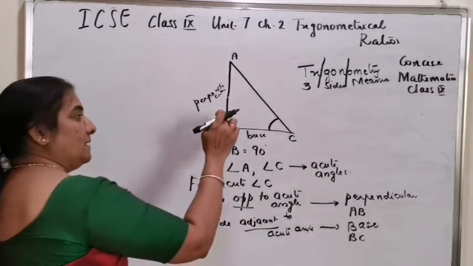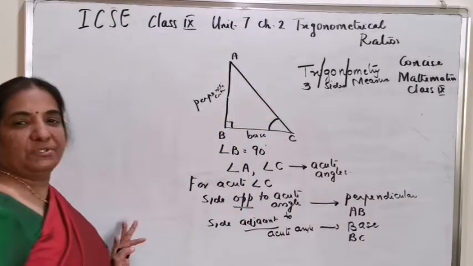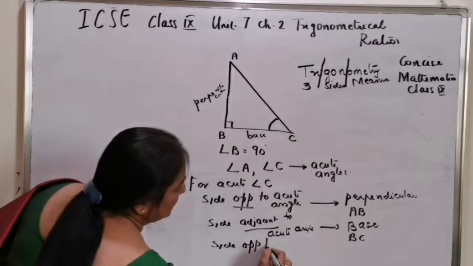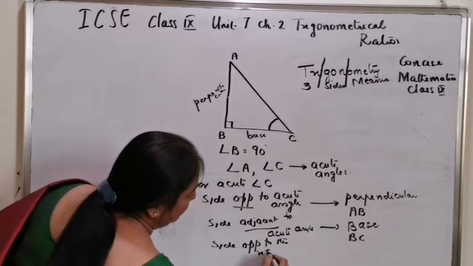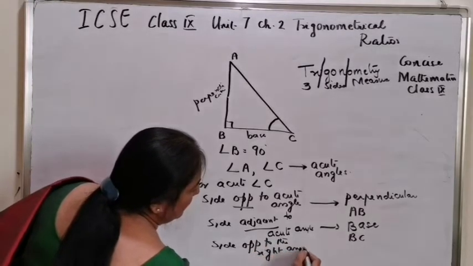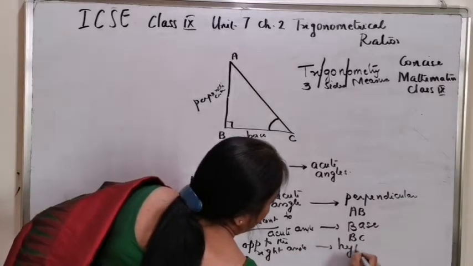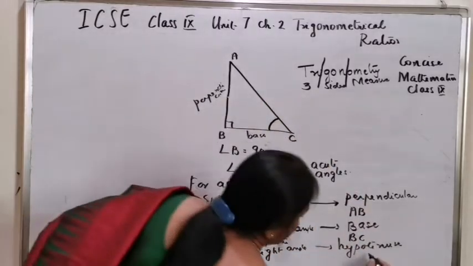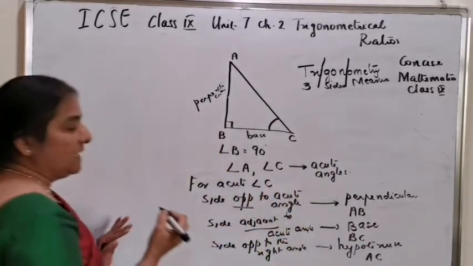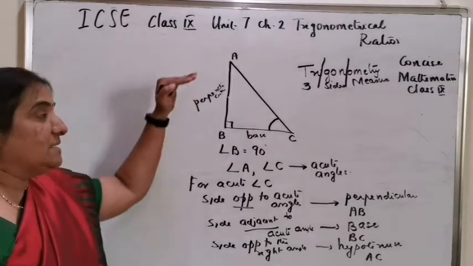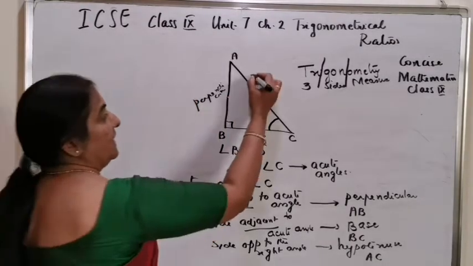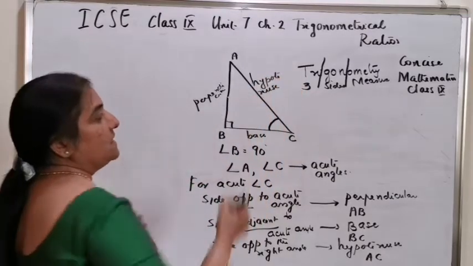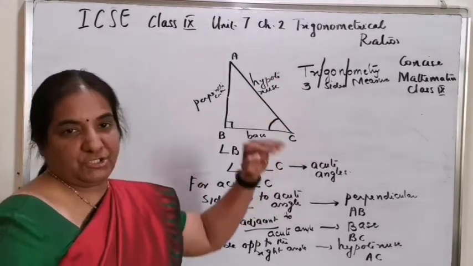And always the side opposite to the right angle is named as the hypotenuse, or in this figure the hypotenuse is AC. That is how we take the sides of the right triangle for this particular acute angle for taking the ratios.